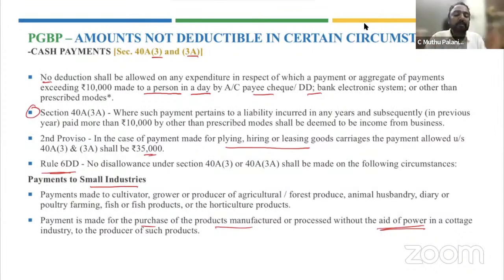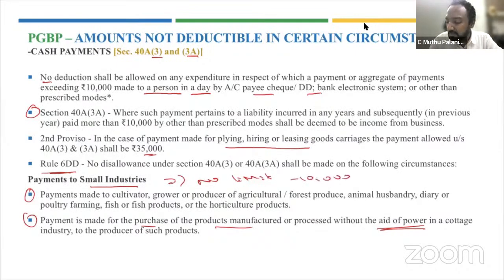You can pay as much as you want. They only say that if it is paid to them, it is allowed. There is no limit of 10,000 or 35,000. So that's what we are seeing.